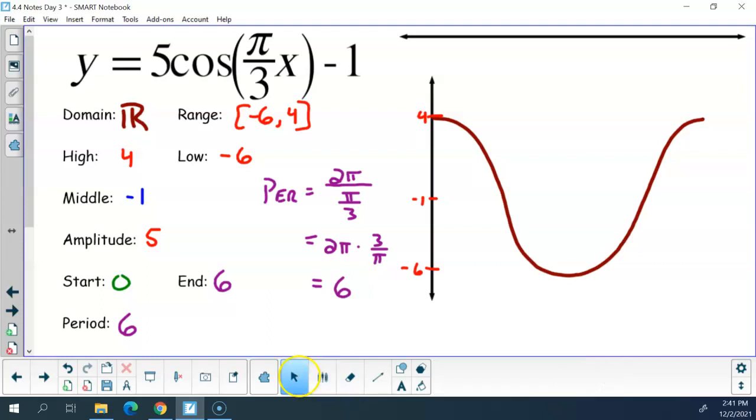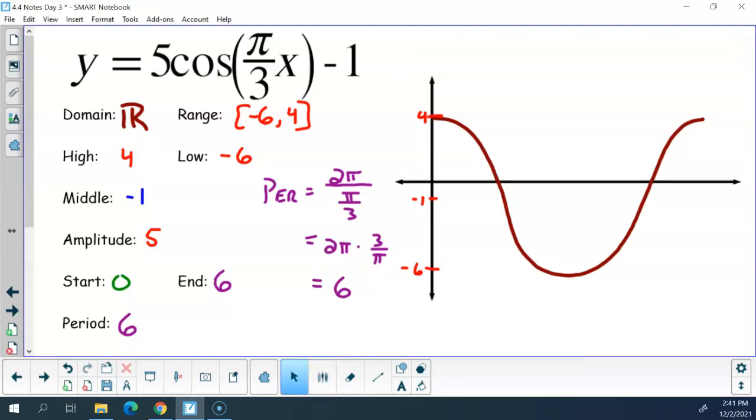Which then puts this there. Zero there. 6 there. Halfway, 3. Halfway is 3 over 2. Halfway is 9 over 2. Plus 6 divided by 2.